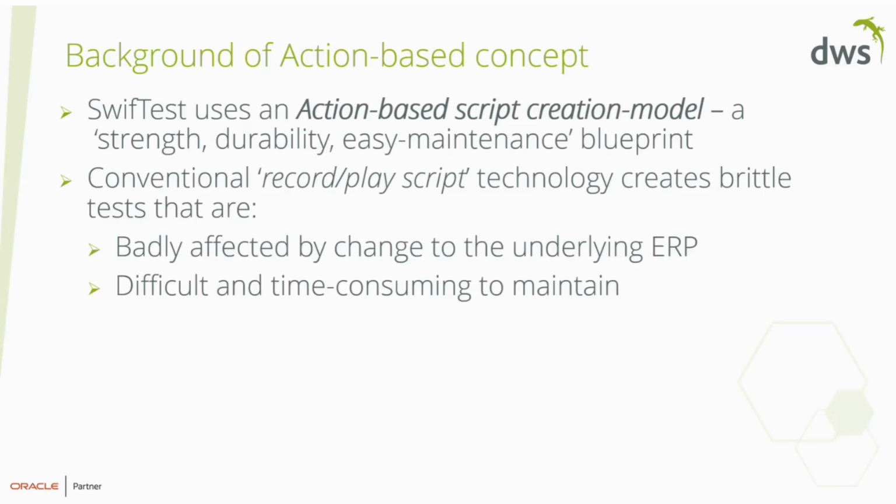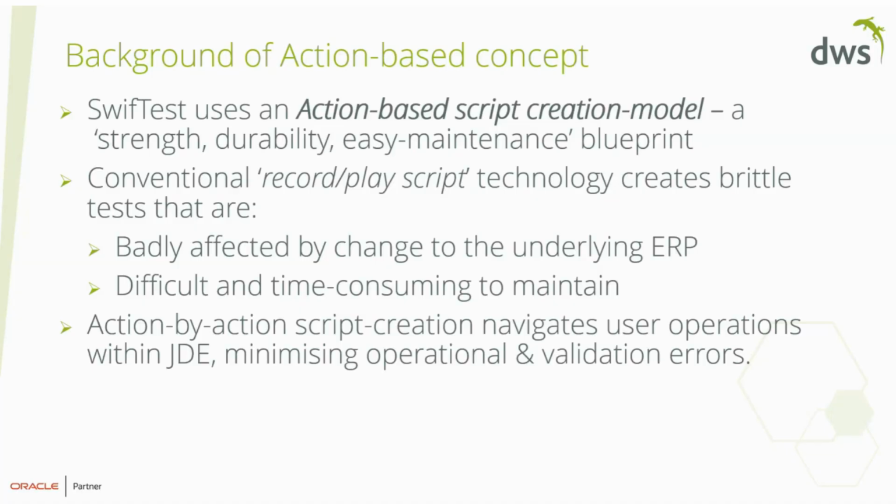You can have your own modifications, you can have ESUs that are applied to the system, or indeed a code current project, or simply settings that are changed within JD Edwards that alters how the screens perform, what fields are visible, and so on. And when that change occurs, pre-recorded scripts can break, and then are difficult and time-consuming to maintain, which becomes a bit of a problem.